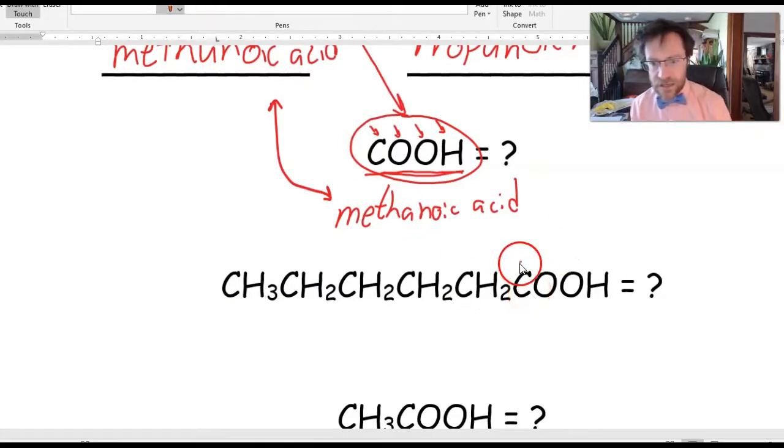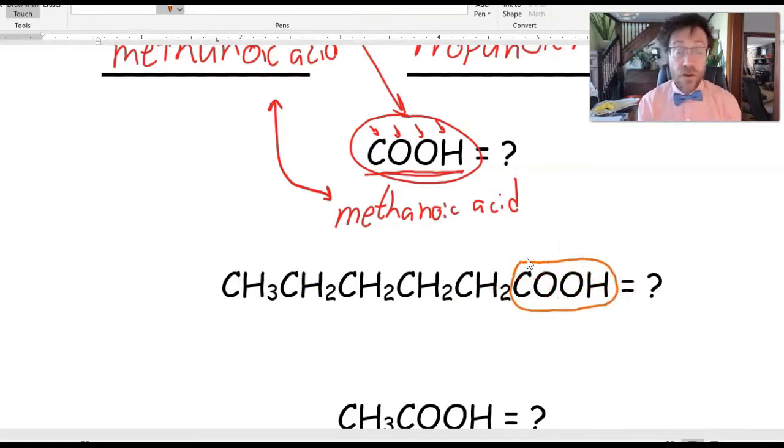Because look, to name this thing, I see right here that's how I know it's going to be an acid. So all I need to do is count up the carbons and call it oic acid, right? So let's go. Meth, eth, prop, bute, pent, hex, hexane.